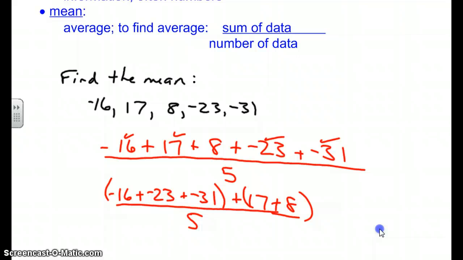Commutative. Everyone say it. Commutative. You just commuted them, like getting in a car and driving downtown. You're commuting, or driving to school. So we commuted negative 23 and negative 31. And we're kind of using the associative property. We're grouping these, aren't we? So that we can make this addition a little bit easier.